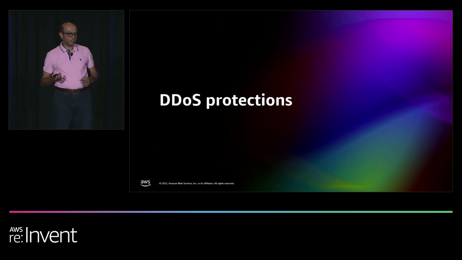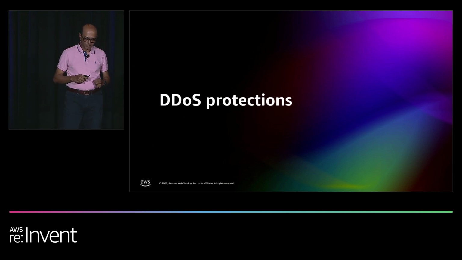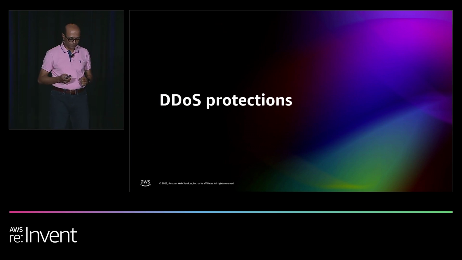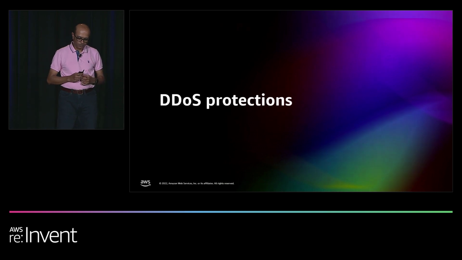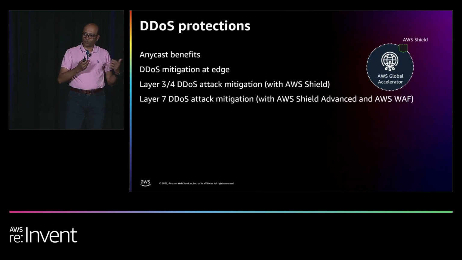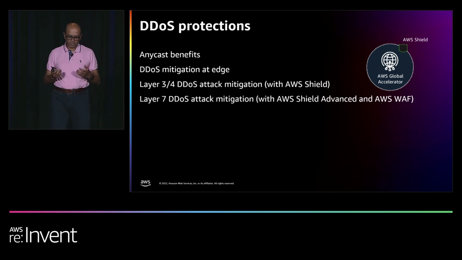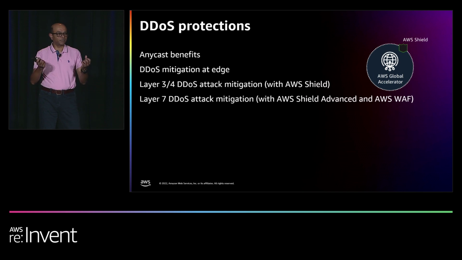Global Accelerator also has several built-in DDoS protections that are offered as part of the service. So this is a really important attribute of the service because in combination with AWS Shield, it helps to mitigate those DDoS attacks closer to the source. One of the benefits of Anycast is the resiliency aspect of it, but an equally important one is that Anycast offers a much larger surface area and capacity to absorb DDoS attacks.